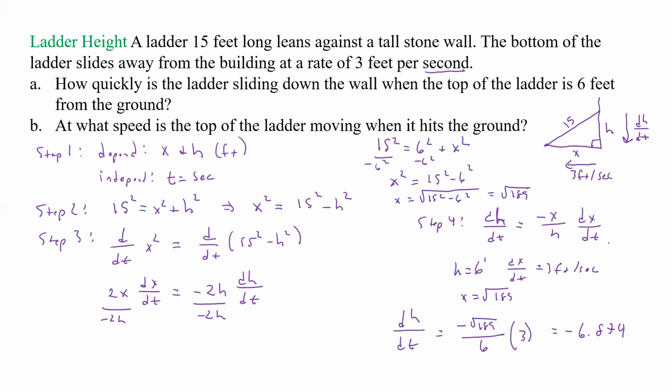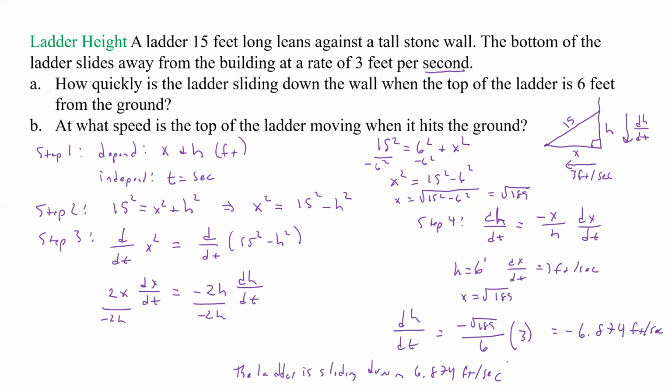And what is it going to be? It's going to be feet per second that it's going down. Okay. And since it's going down, what can we say? Well, we can say the ladder is sliding down 6.874 feet per second.